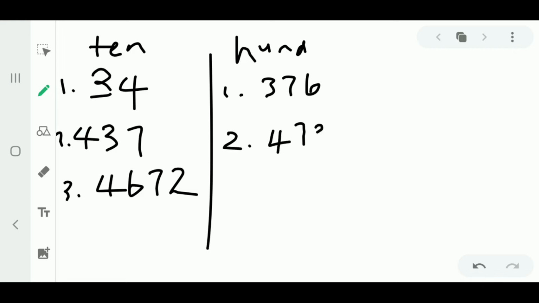So these are some questions. 34,437. So this is 1, 2, 3, 4, 6, 7, 2. You can try rounding these to the nearest 10. These to the nearest 100. 3, 7, 6, 4, 7, 3, 2, 5, 1, 4, 2.